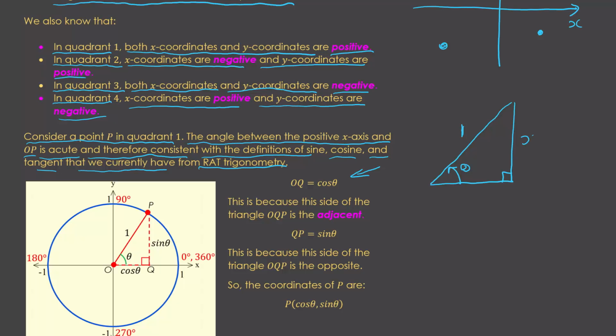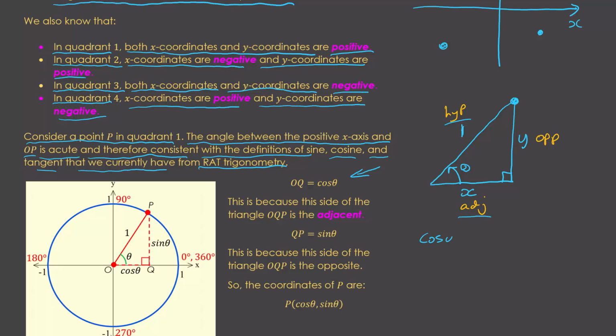So if I call this length, it would make sense to call it y, and this length x. Then, if we consider this to be the hypotenuse, this to be the opposite, and this to be the adjacent, if we're finding x, we'd use the adjacent and the hypotenuse.